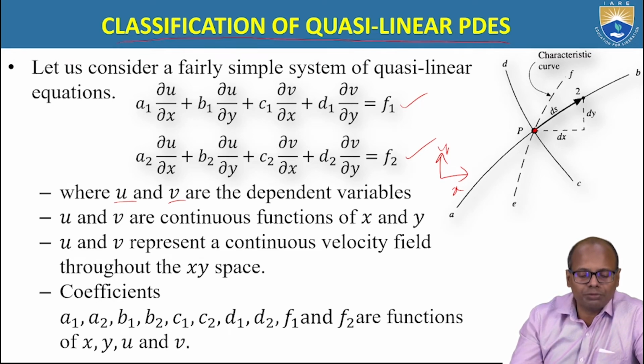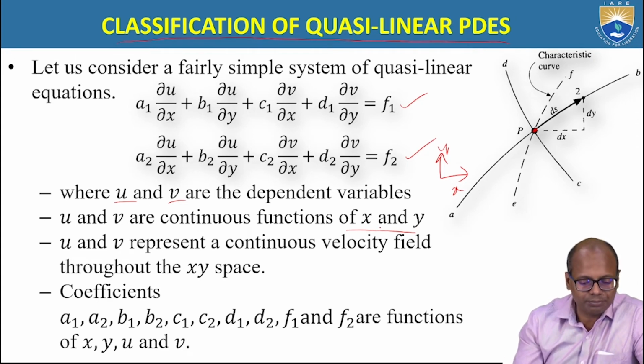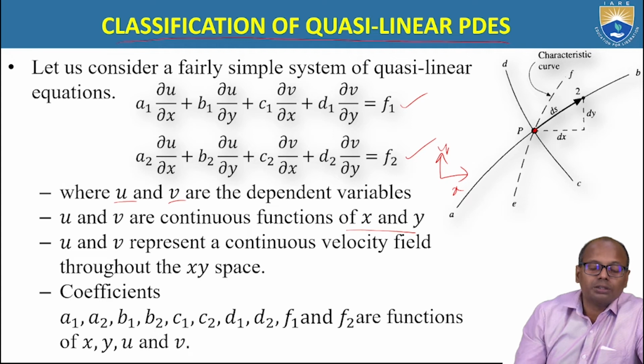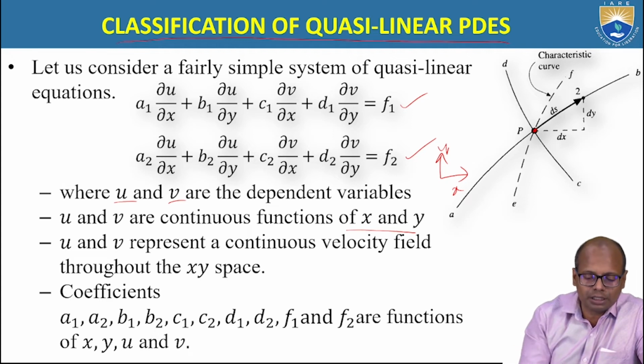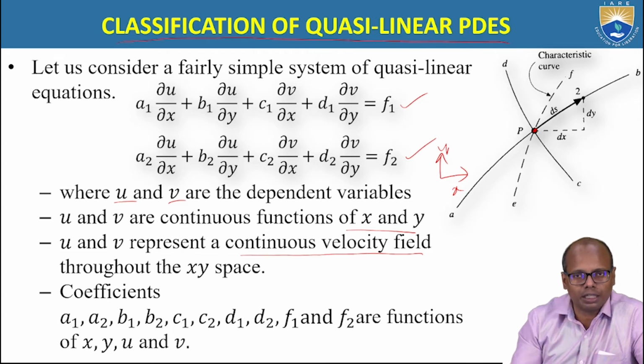The u and v are continuous functions of x and y, and they represent a continuous velocity field in the entire xy space that we are considering.